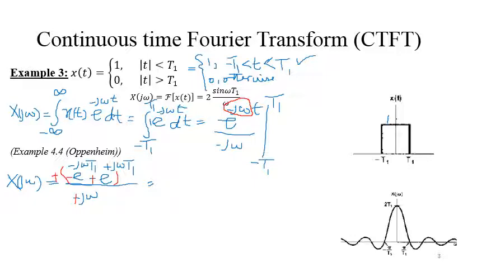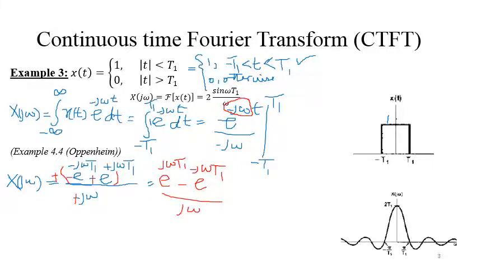Now, because it's the norm to write the positive first, we have e to the power j omega t1 minus e to the power minus j omega t1, and I have j omega here.